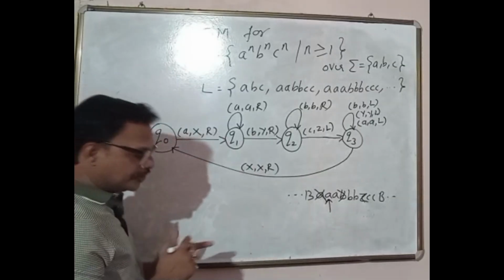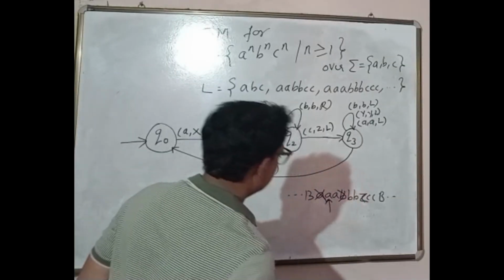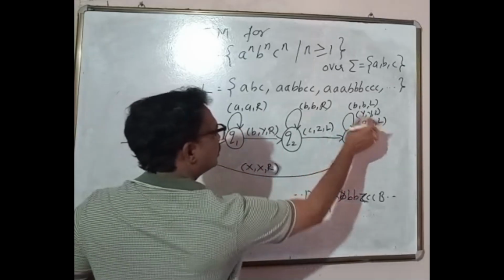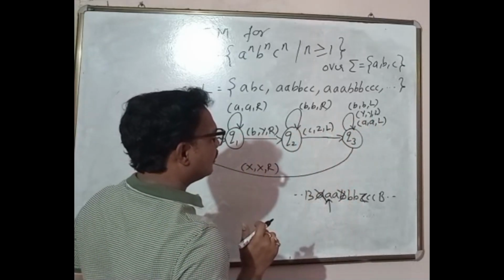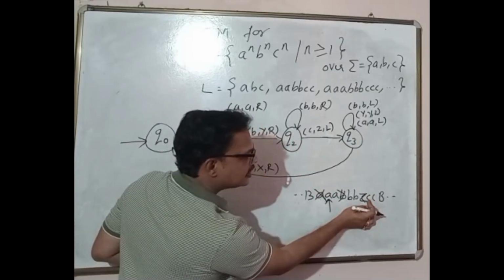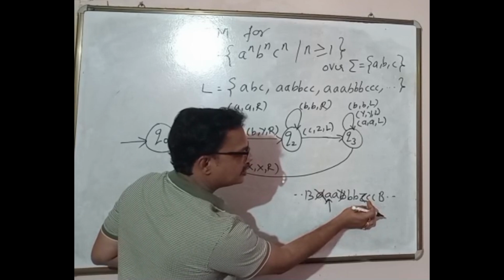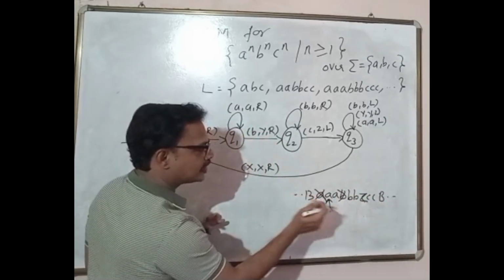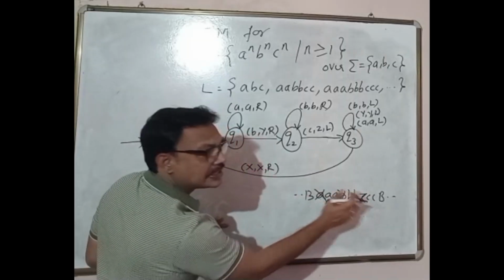Now, a few fine tunings we are supposed to do. Here we could put it like that. When this C is made Z and it is coming towards its left direction, it may also encounter several Z's.